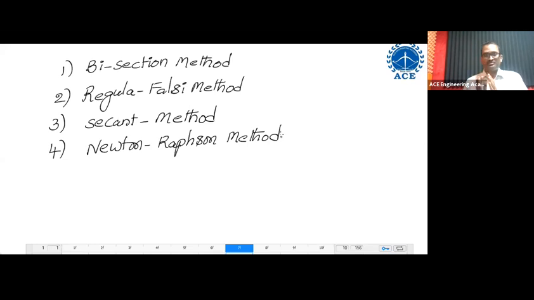So before going to discuss all these methods to find the roots of nonlinear equations like algebraic as well as transcendental functions, first of all, you must know the intermediate mean value theorem. Because with the help of the intermediate mean value theorem only, we are able to find the roots regarding bisection and regular falsi methods.